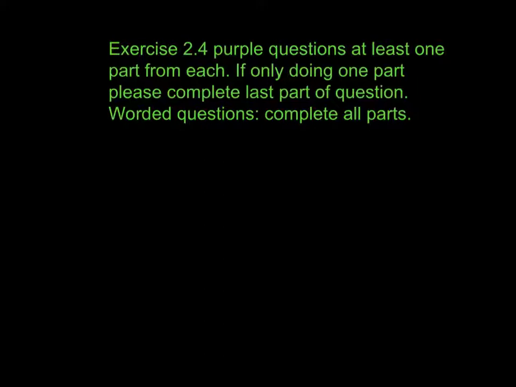So if you're doing question 1 and we're doing the purple questions and it says to do column 2, that means that you could potentially do B, E, H and K, but if you're not going to do all of them, then I just want you to do 1K, because that'll mean that you're at least tackling the hardest part from that problem, and then if you've got that, then you would have been able to do all the other ones anyway, and therefore I'm happy for you to be just moving on.